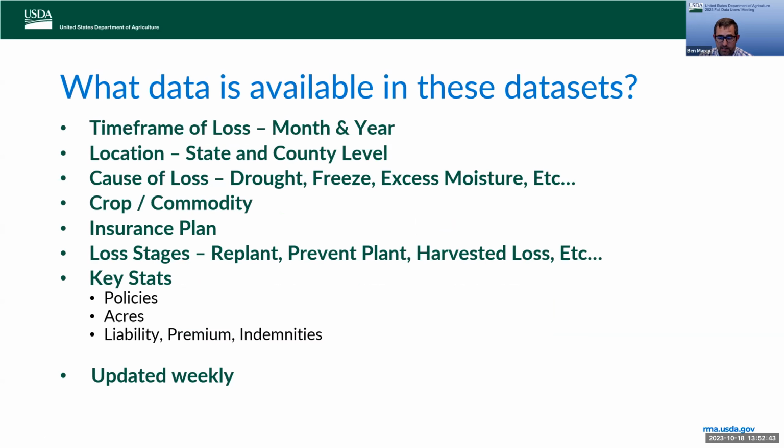Was it freeze, excess moisture, hail, etc.? It shows this by crop and commodity as well as insurance plan. It even shows some of the key stages of growing that crop, such as whether this was a replant payment, prevent plant, or a harvested or unharvested loss. With that, it'll show the key stats similar to summary of business, like policies, acres, liability, premium, indemnity, and that sort of thing. And similar to that information, it's updated weekly.